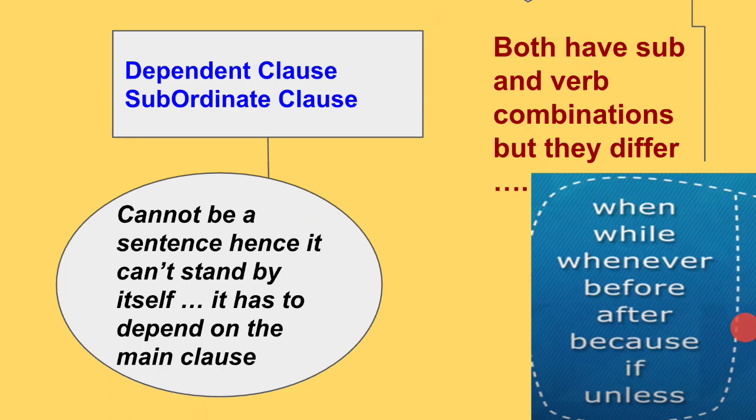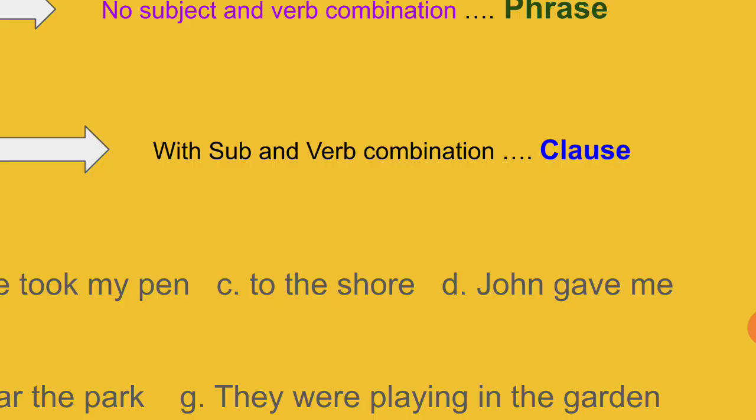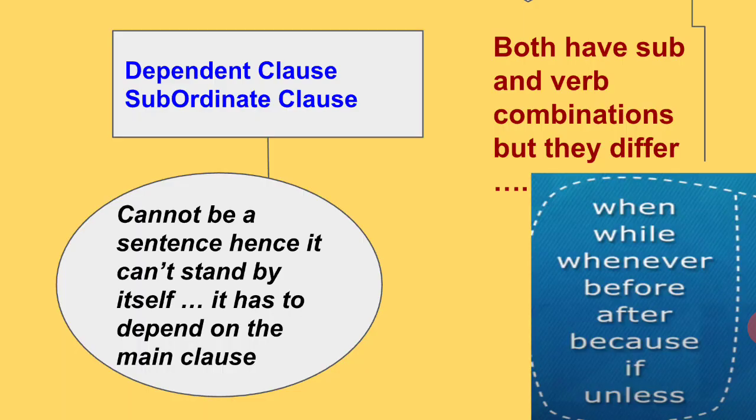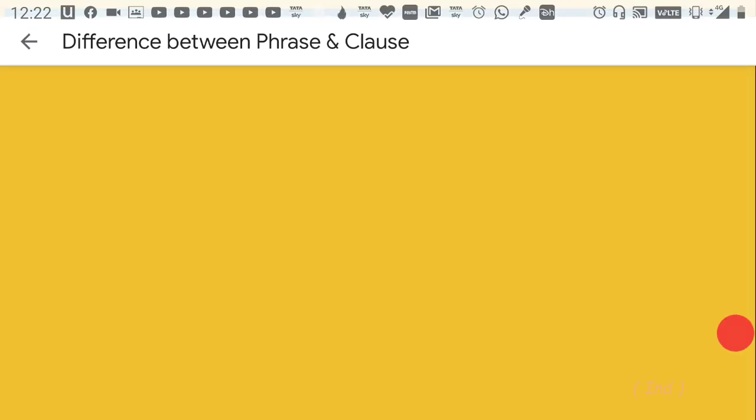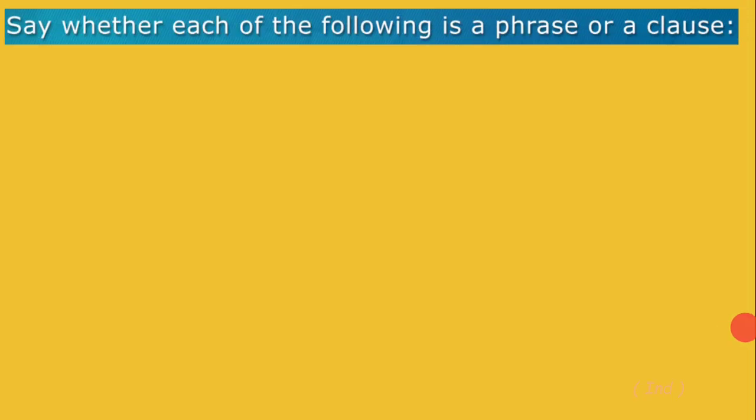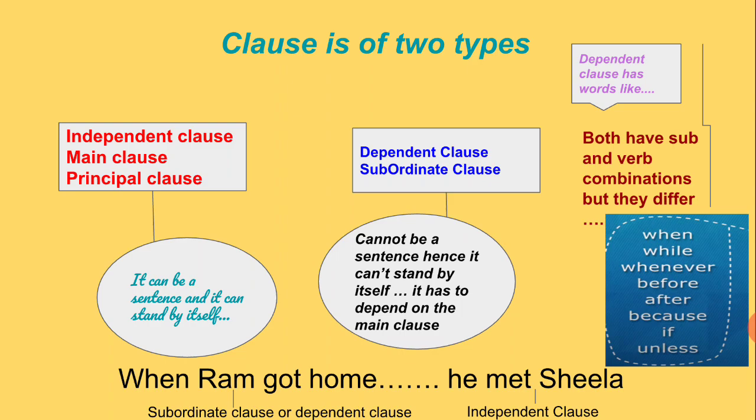If you look at this: when, while, whenever, before, after, because, if, unless, these are the words or conjunctions used in a dependent clause.